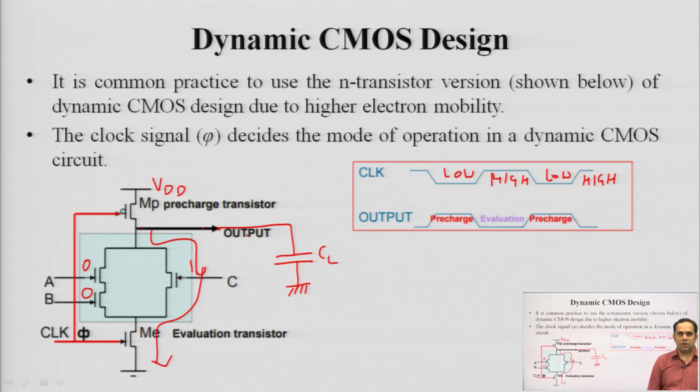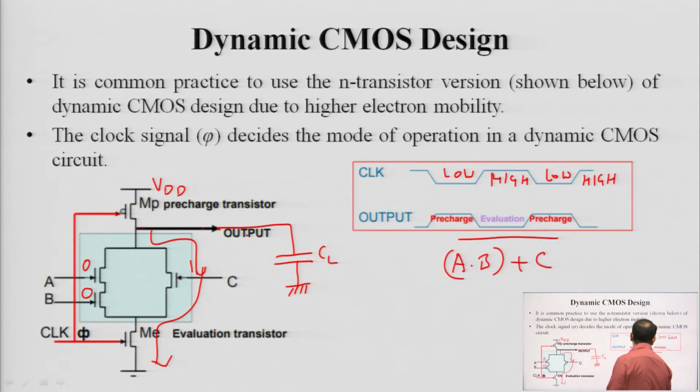Now, this capacitor CL starts to discharge through this path. If this is my logic combination A dot B plus C complement, when C is 1 and A and B are 0, I should be getting a 0 at the output. So, this circuit is basically implementing A dot B plus C complement.